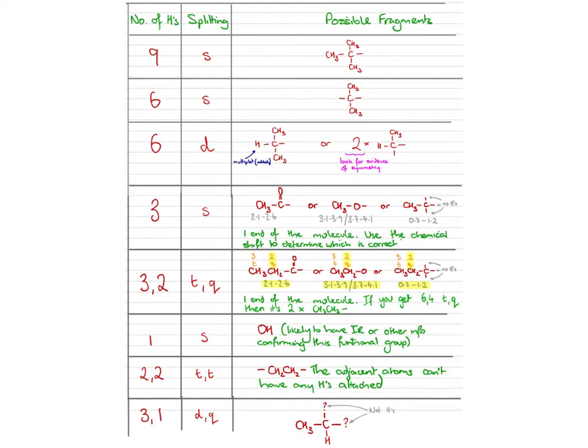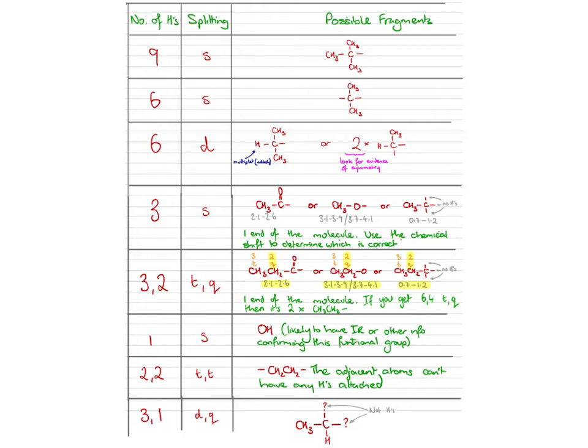Another pattern that is extremely common, and this is the one I would look for first, to be honest. You've got to look at all of your signals, and I'm going to talk you through working out actual example spectra shortly.